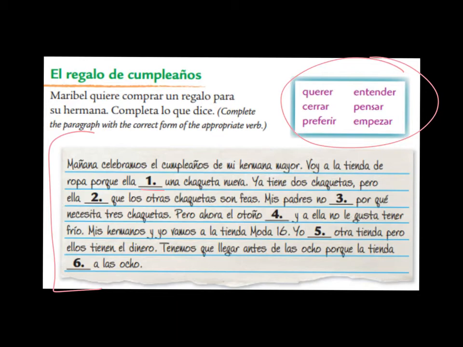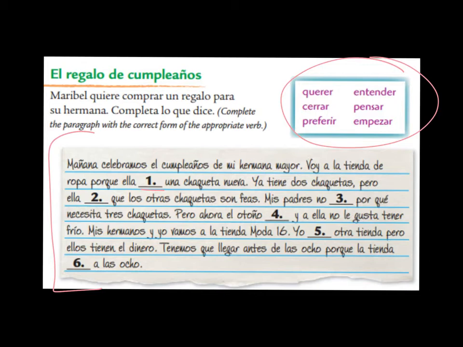I'll do number 1 with you. The verb querer means to want. Cerrar means to close. Preferir means to prefer. Entender means to understand. Pensar means to think. And empezar means to start.